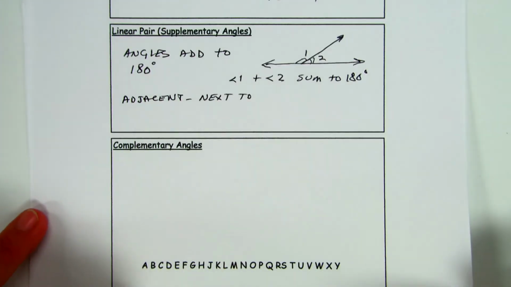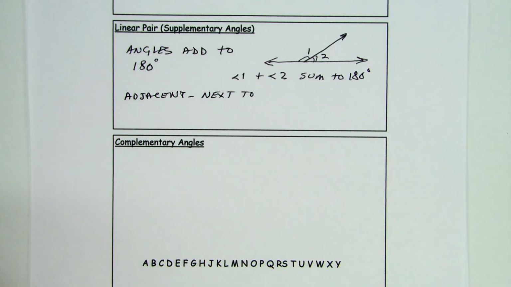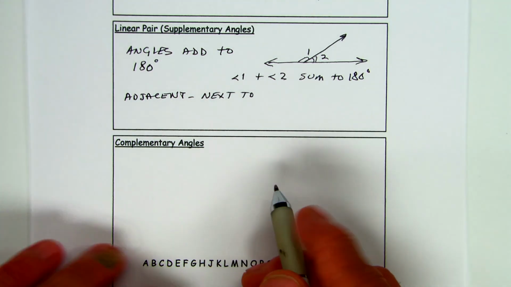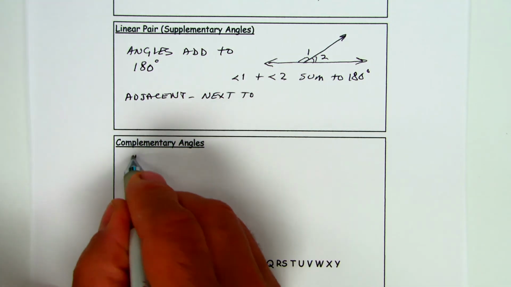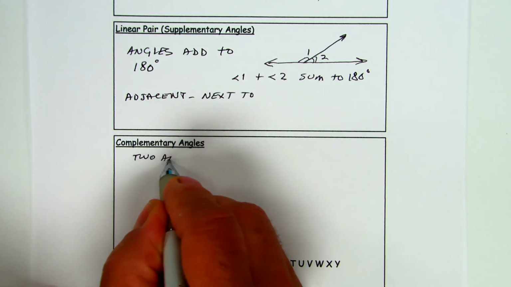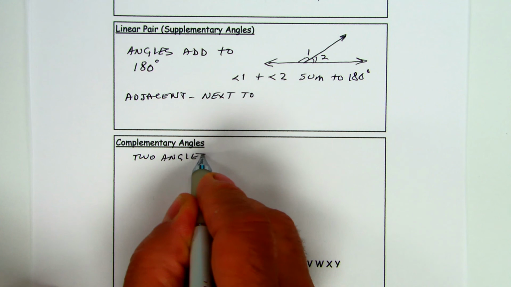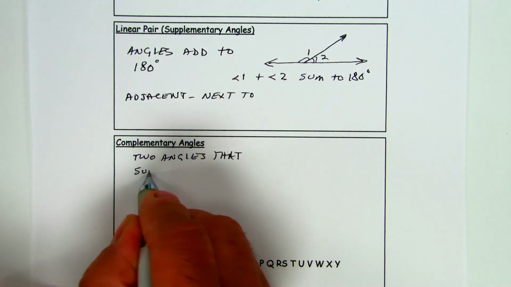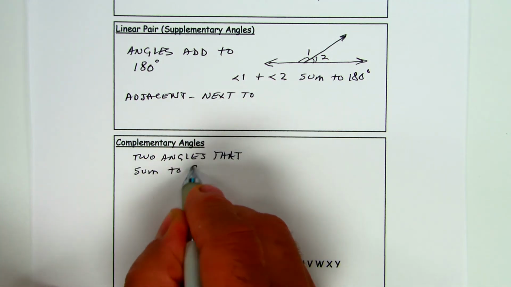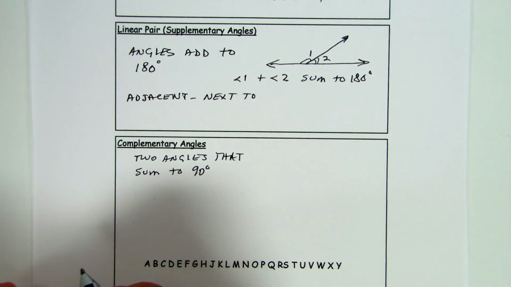Okay, now let's look at complementary angles. Complementary angles are two angles that sum to 90 degrees.